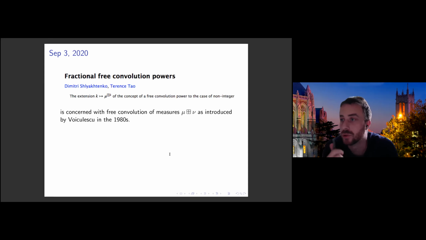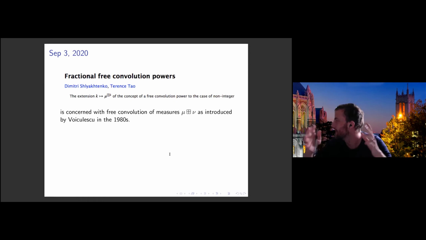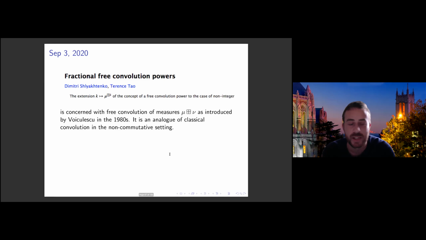It's very nice: free convolution of measures. The way people explained it to me is, you have standard convolution, and standard convolution corresponds to sums of random variables, right? If I have densities and I convolve them, I get the result of summing random variables corresponding to these densities. And this is somehow the analog in the non-commutative setting. That's what people told me.